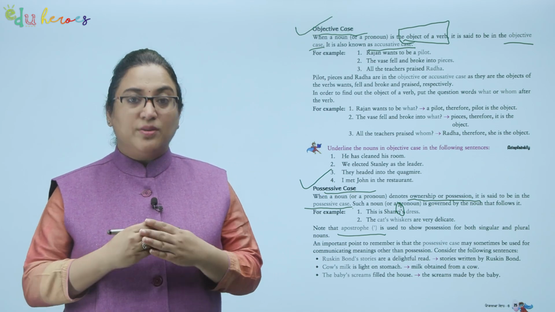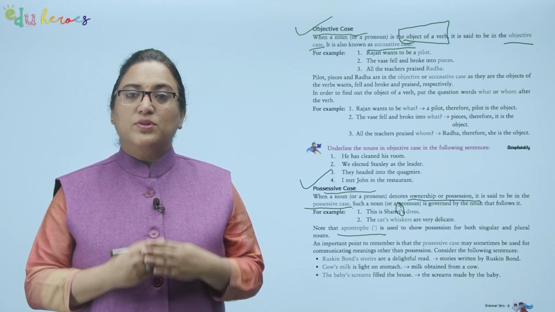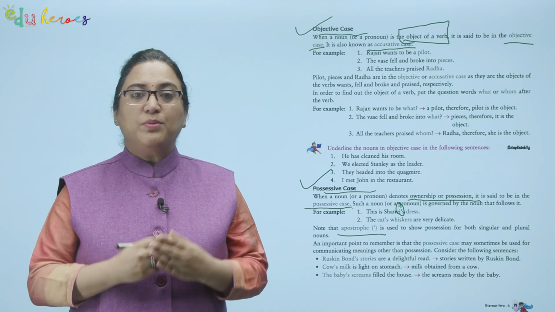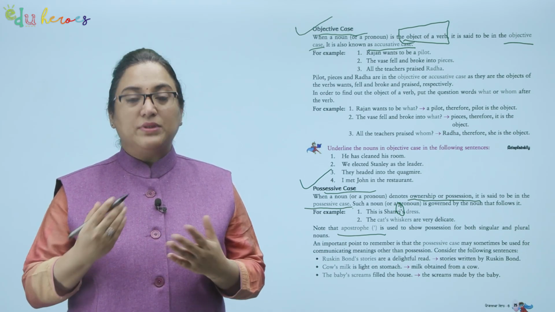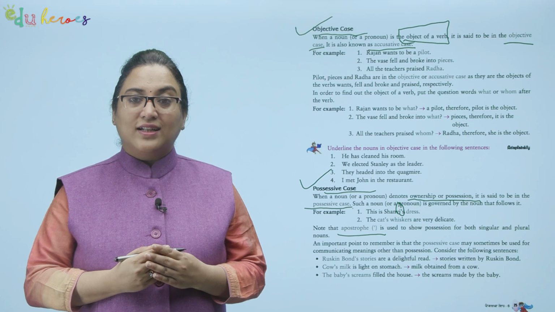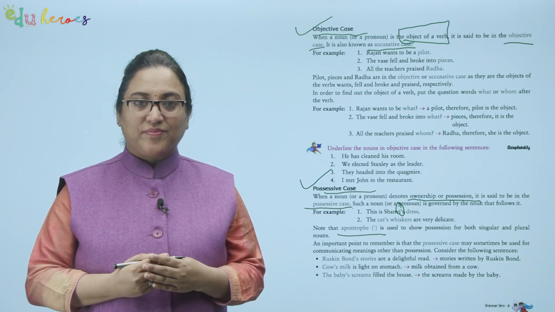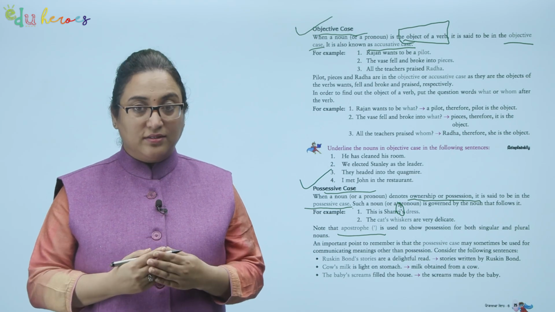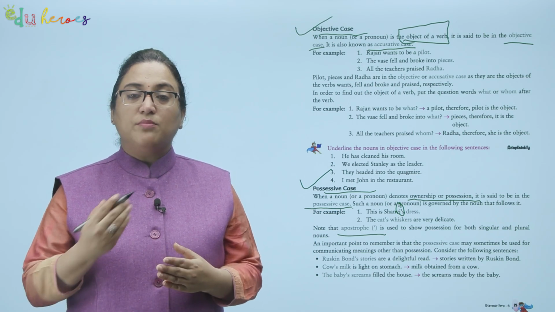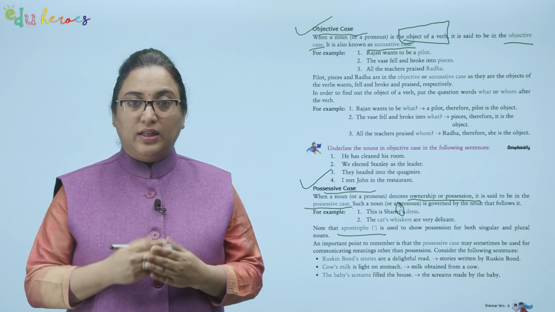An important point to remember is that the possessive case may sometimes be used for communicating meanings other than possession. Let's consider these sentences. Ruskin Bond stories are a delightful read. Now, stories written by Ruskin Bond. This is the meaning.